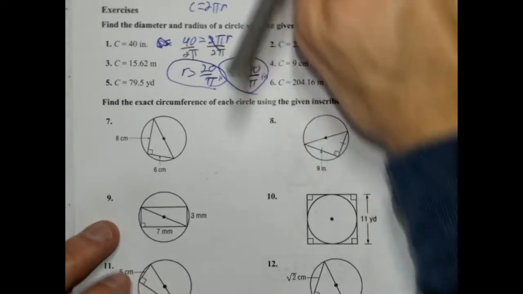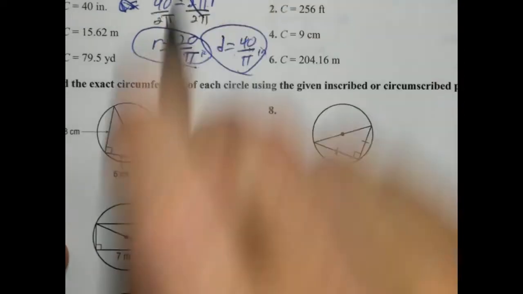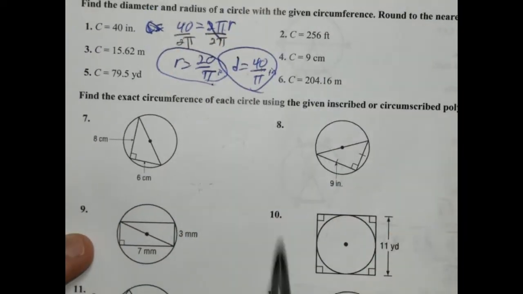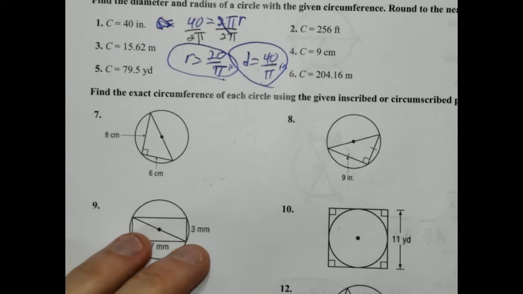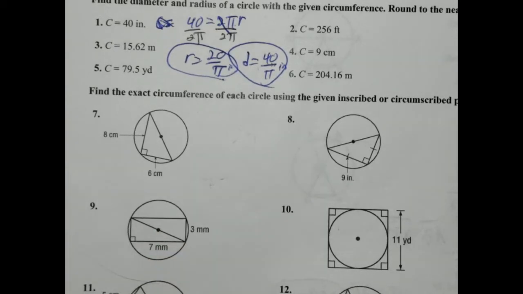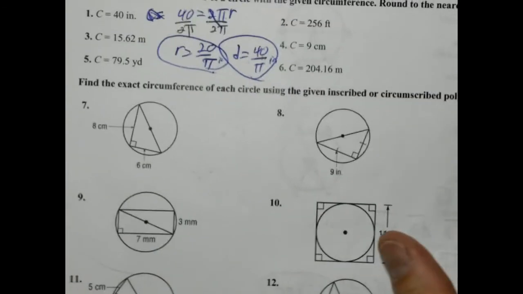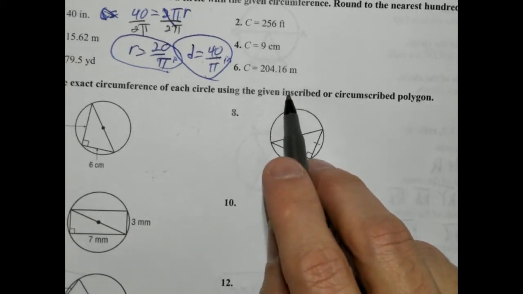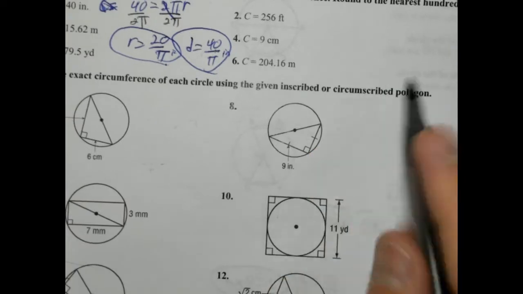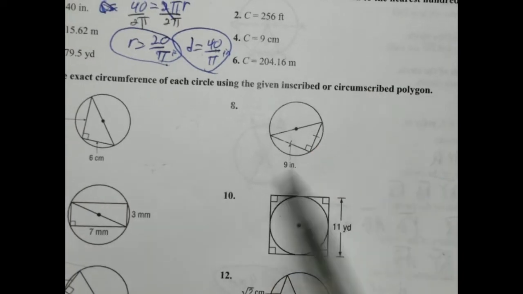We'll do the odds down here. Find the exact circumference of each circle using the given inscribed or circumscribed polygons. This is interesting. This is a little different. Just to clarify, because we may not know what the difference is between these two words, inscribed means it's something drawn inside of something else. Circumscribed means it's something drawn outside of something else.